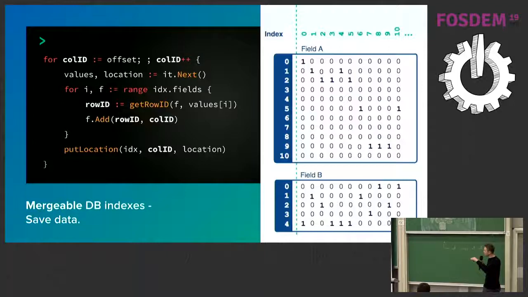So you go to the field, which is mapped to your column, and try to get the row ID for your value. If the value already exists, the getRowID function will return the row ID which already exists. If not, it will generate the next ID for you. After you get that, you set the bit in a field, and you put the location in your mapping. This is how you save data, and then you have some ones in your matrix.